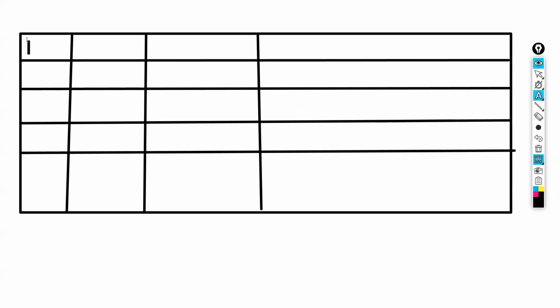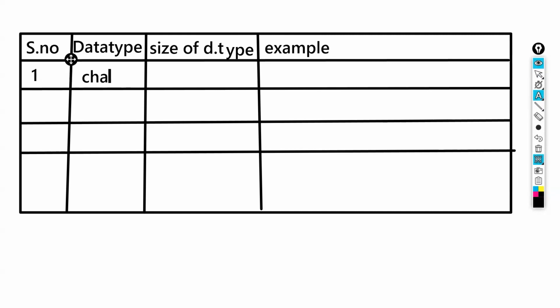So first we'll put some serial number here, and next here the data type. Next here we'll put the size of data type. Next, example. So serial number 1, data type is char.